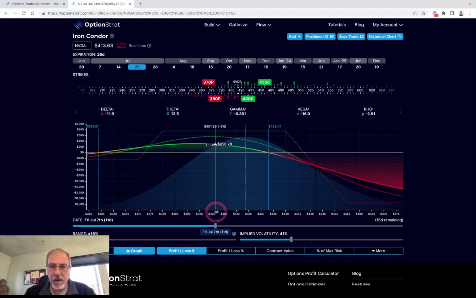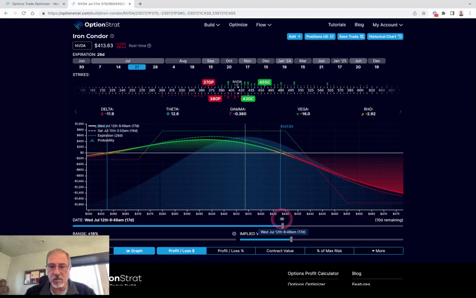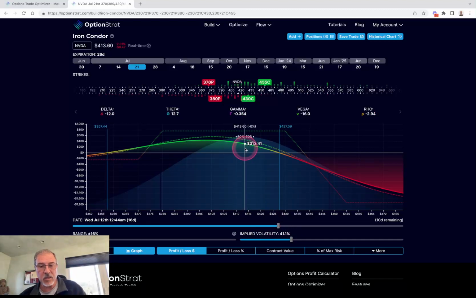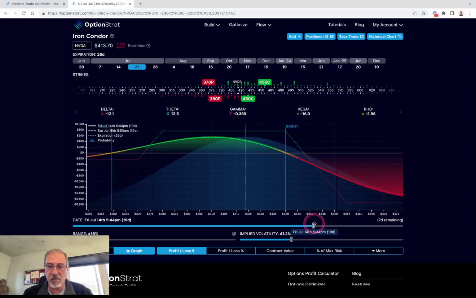So we can play time forward, and if the underlying doesn't move and we play this thing forward for about 2 weeks, you're at about $300 in profit in this trade. If we get a pullback during that period of time, this trade could reach some profitability even faster.